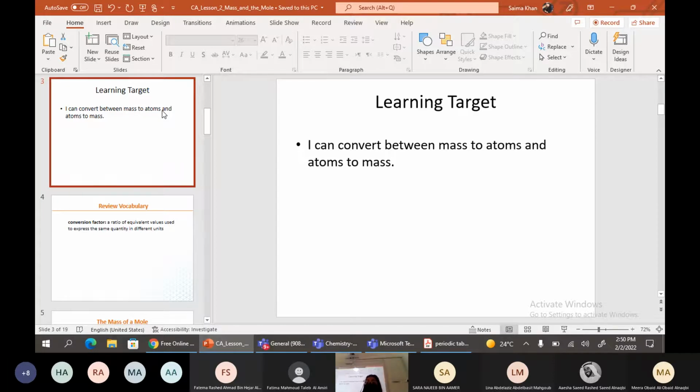We solved one question also how to go from atoms to mass. But before that, I want you to try one question from your book. You will try by yourself and you will share your answers with me. Page number 180, question number 19. Everyone has a book.